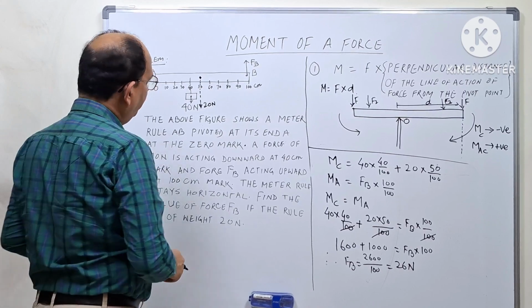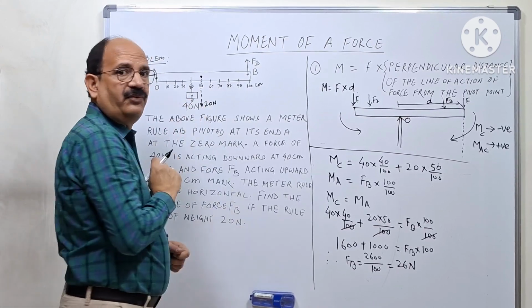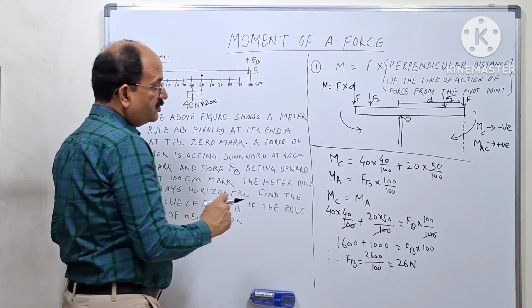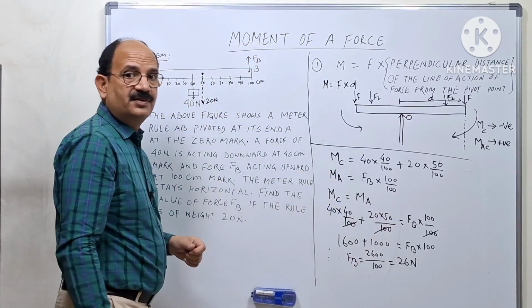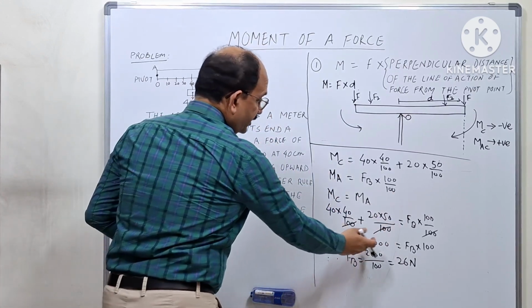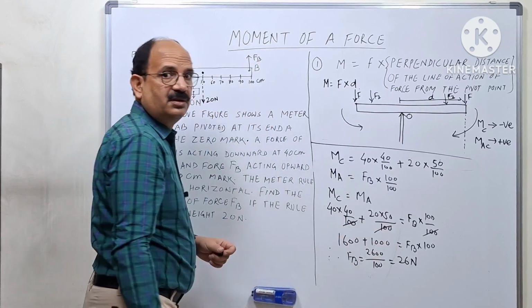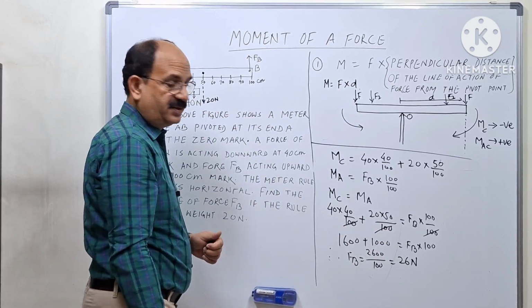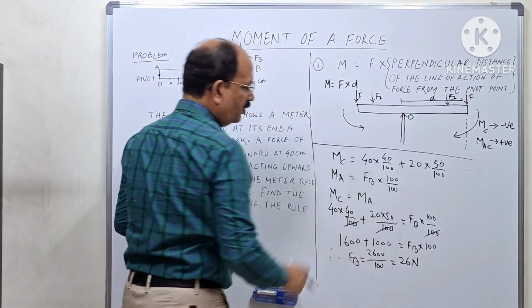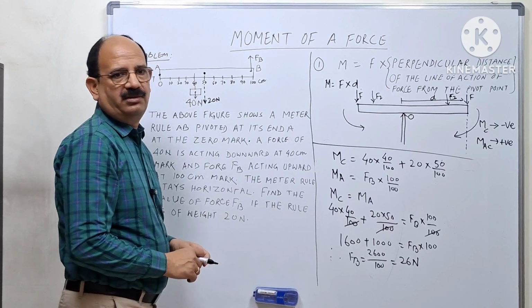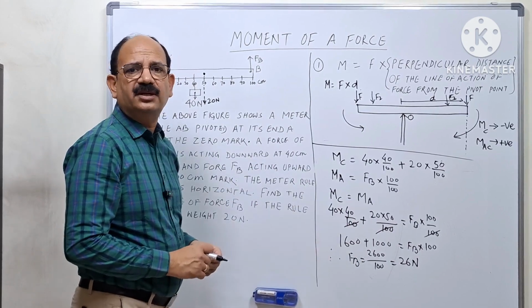In that case, this 20 Newton will vanish. So the moment because of that vanishes, and therefore that 1000 Newton meter part will vanish. Your force FB will be only equal to 1600 by 100, 16 Newton.